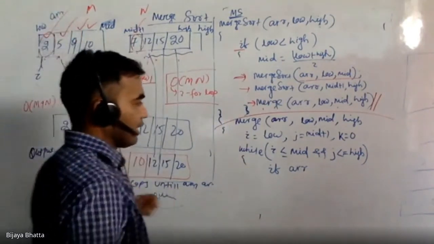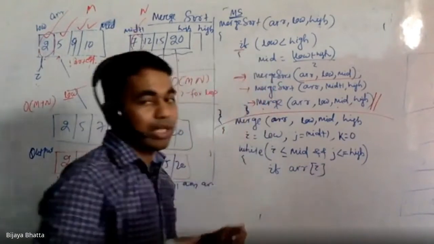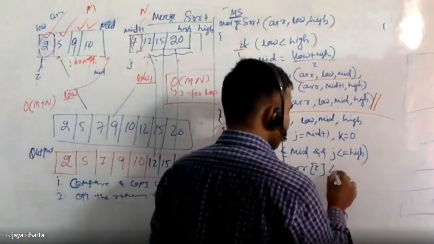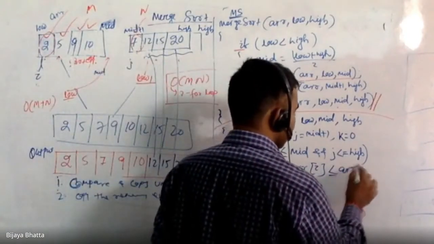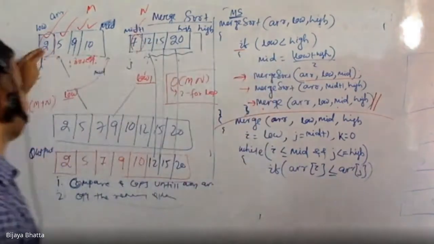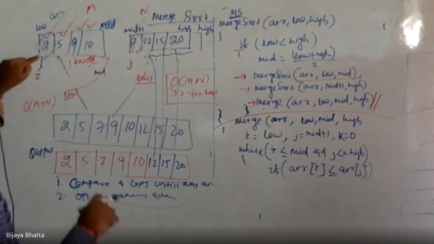So arr of i, less than or equal to arr of j, or whatever you consider. That means this element is the smaller one.